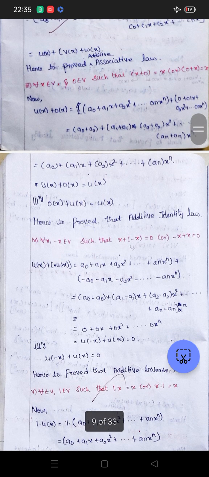The third condition: for all x belonging to V and 0 belonging to V, x + 0 = x and 0 + x = x.